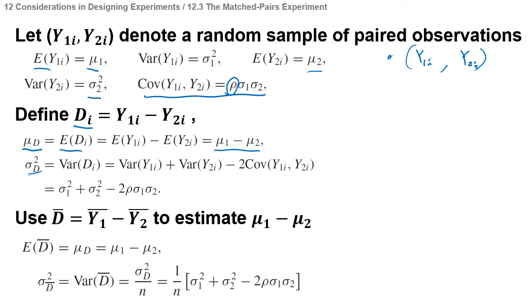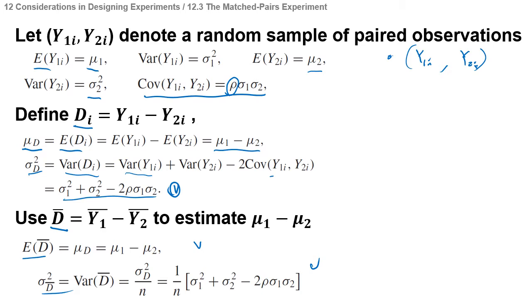For the variance part, the variance of di is the variance of y1i plus the variance of y2i minus 2 times the covariance of y1i and y2i. The calculation is described here. When we are estimating the mean difference, we will use d bar, which is y1 bar minus y2 bar, to estimate mu1 minus mu2. For its expected value and variance, the calculation is described here.